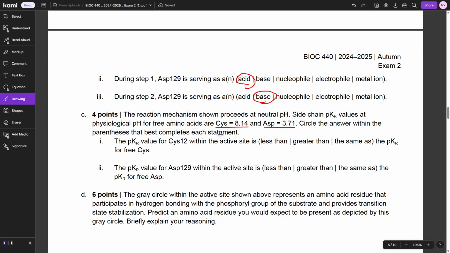So I need the pKa of the cysteine to be less than 8.14, and actually less than 7 ideally, so it's in its basic, nucleophilic form. So for cysteine, I need it to be less than. Does that logic make sense?